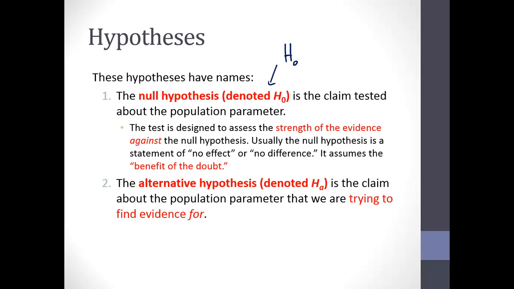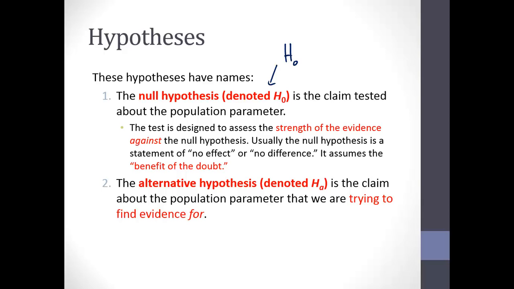Keep in mind that the test is designed to assess the strength of the evidence against the null hypothesis. Usually the null hypothesis will say that there's no difference, or there's no effect, like in our previous example, there's no difference between Gavin's screen time and the other children. So that's my null hypothesis.